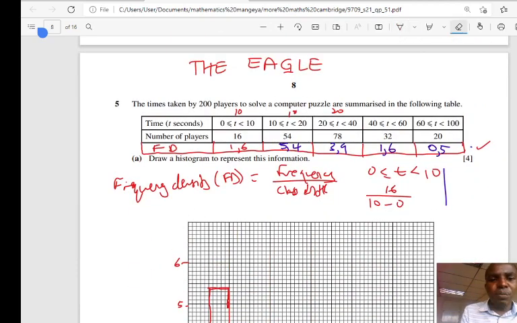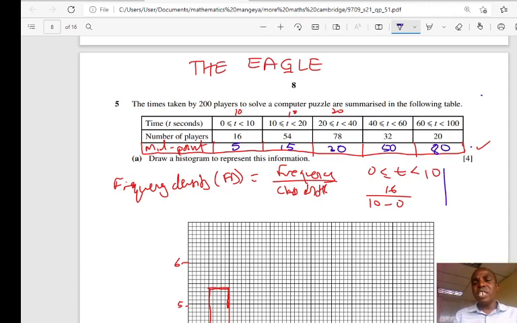I remove this part and replace it with midpoint here. 0 plus 10 divided by 2 is 5. Next, 10 plus 20 divided by 2 is 15. 20 to 40 is 30. The midpoint here is 50. Here is 80.